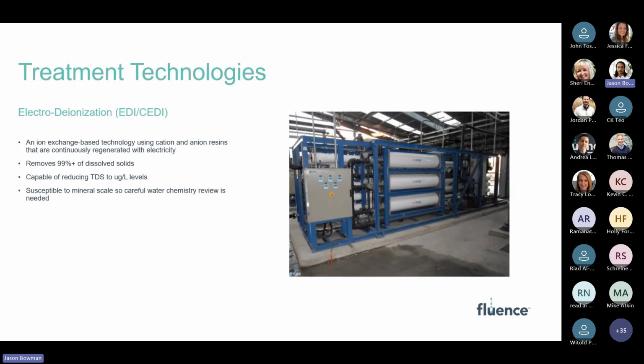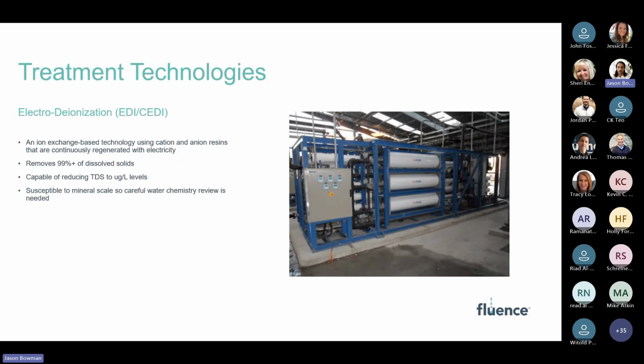Right. So in the event that your plant process requires a higher degree of treatment than an RO can provide, the next stage in the process will likely be some sort of ion exchange technology. And while this technology isn't necessarily new to the industry, CEDI or EDI is something that is more readily being implemented at a lot of industrial customer sites.